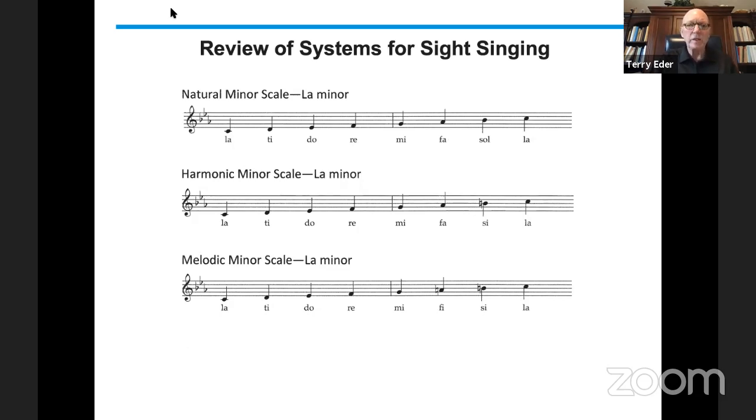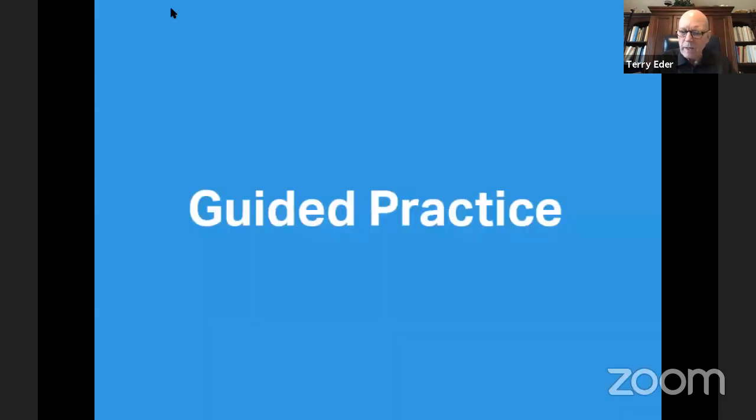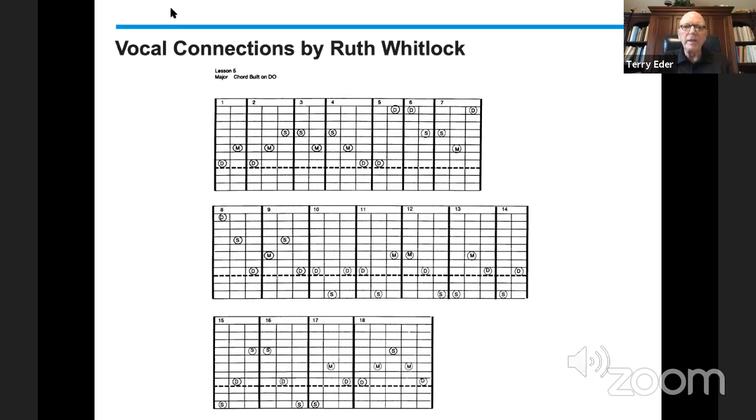But it's a good system also. And then of course we've got the scale degree system and we've got letter names. We eventually have to make the system get to letter names. Okay, and so we've got about 15 minutes. Let's see what we can practice for the rest of this particular session.